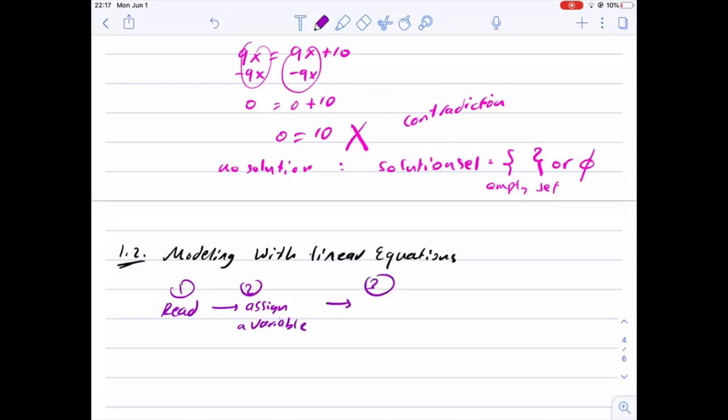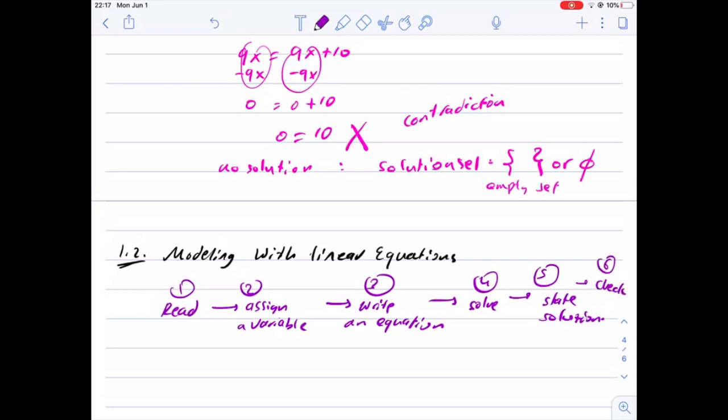And then we write an equation. Then we solve the equation. And then we state the solution. And then if we want, we can check the answer to make sure that it is correct. So we have 5 or 6 steps.